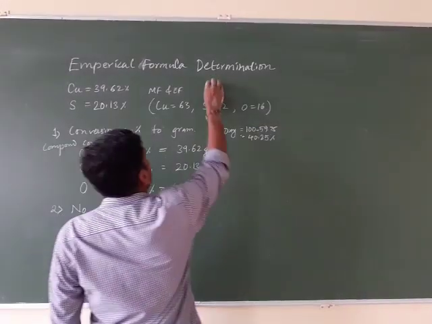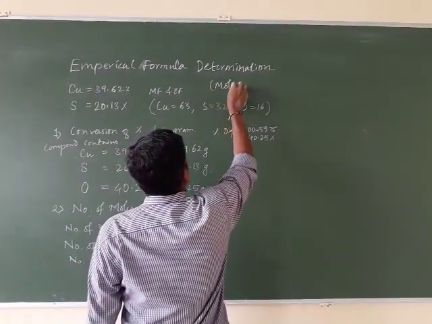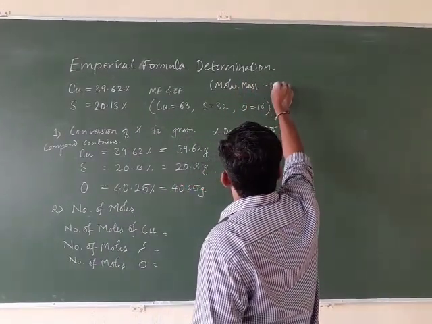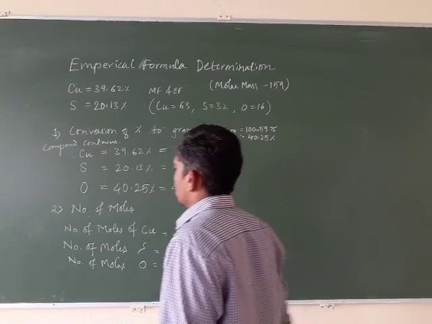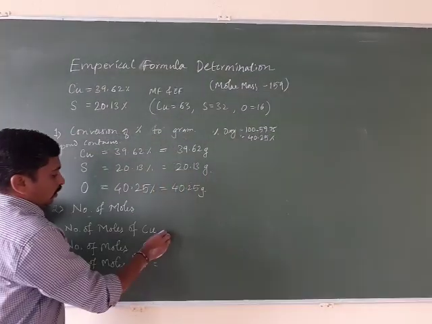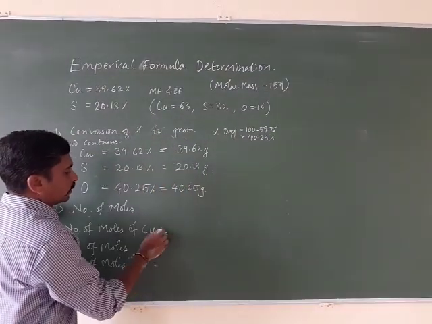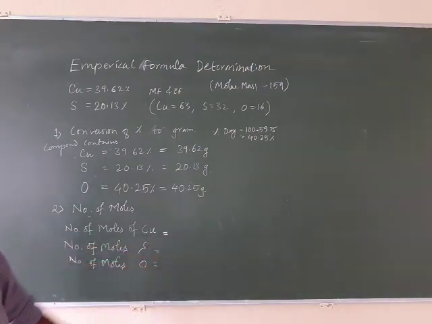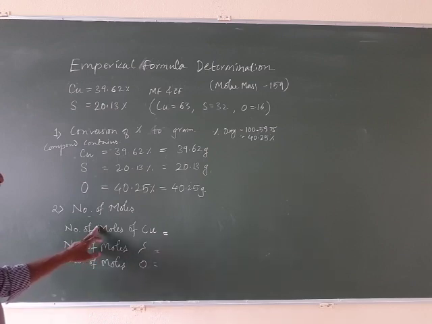So the number of moles of Cu is equal to the mass of Cu in the compound divided by its atomic mass.